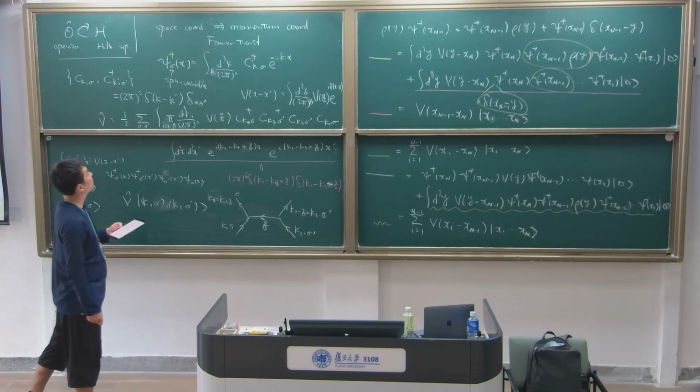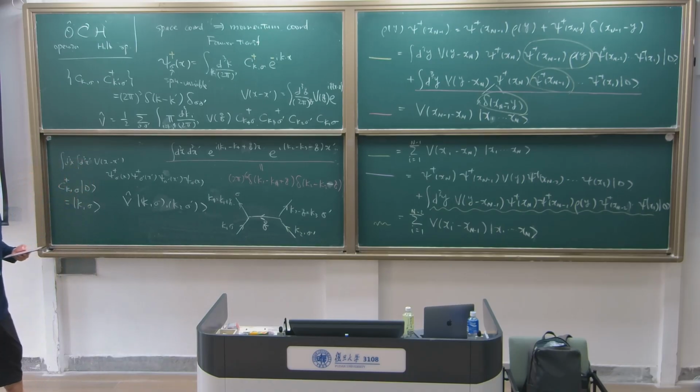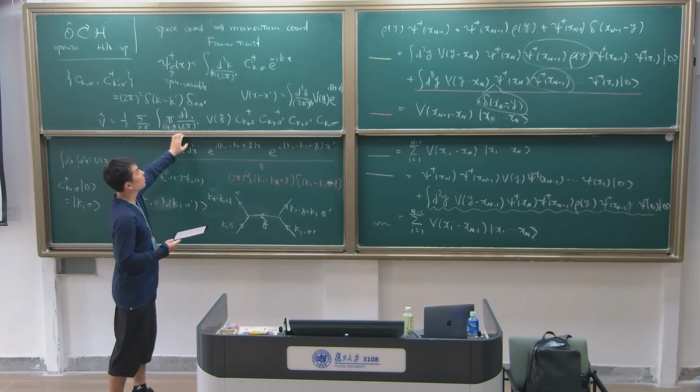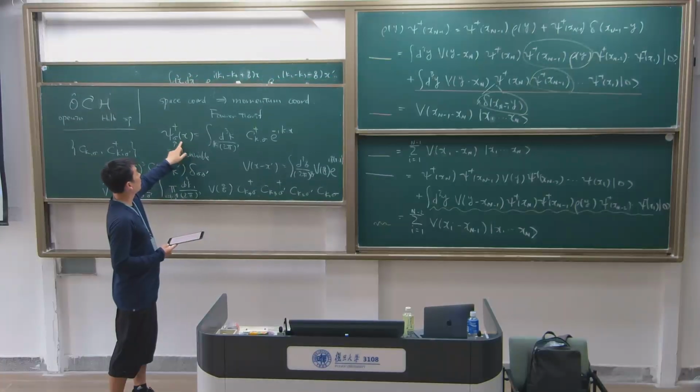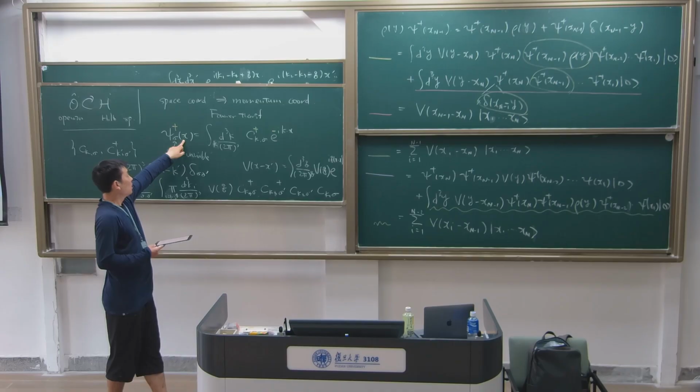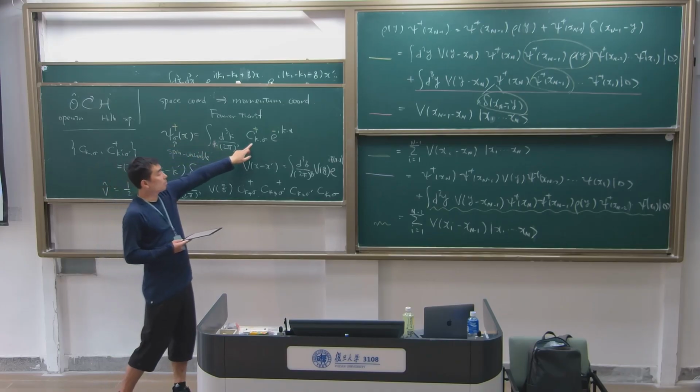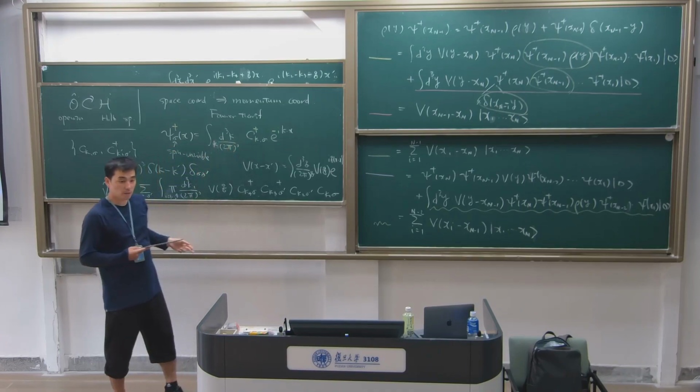Any questions at this moment? C is basis on momentum space. Yeah, C is the Fourier transformation of this one. This is the space coordinate. This is the momentum coordinate. The operator.